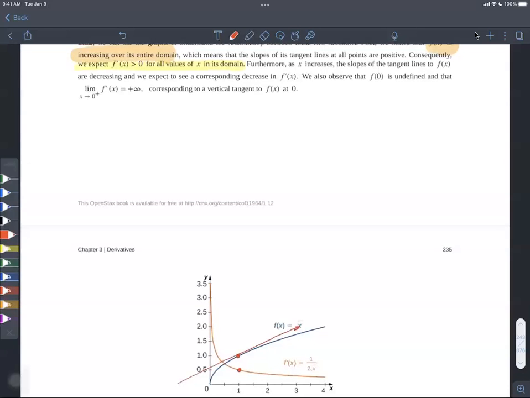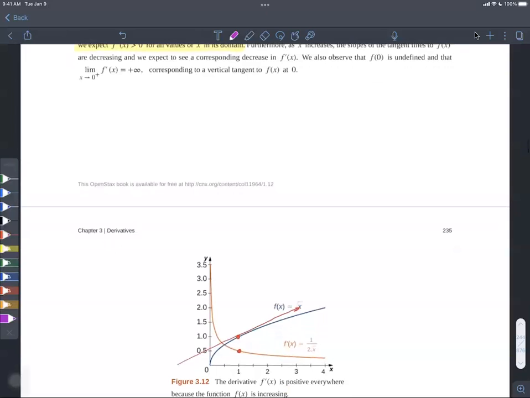What's another thing that we can note here? Let's choose a different point, roughly the x value of 1/4. What do you see here? The slope of the tangent line seems steeper. Since the slope of the tangent line is steeper, that means that the rate of change is greater.